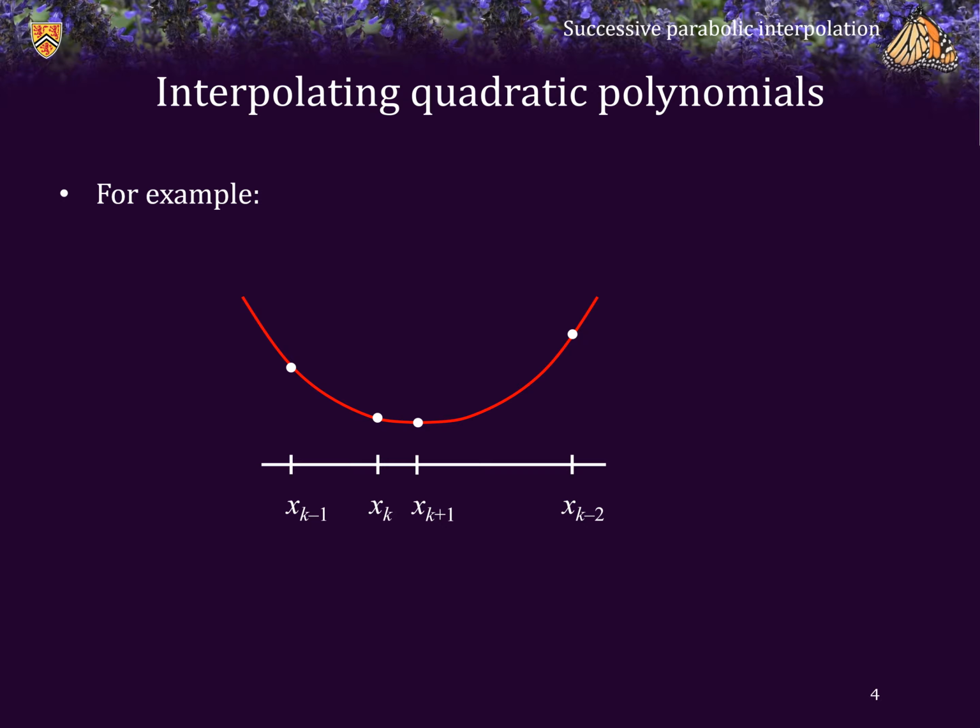Consequently, what would we do now? We'd probably discard x sub k minus 2 and continue iterating with these 3 points. Well, not really. What we would actually do is evaluate the function at x sub k plus 1, and then carry on finding the interpolating polynomial through those points.